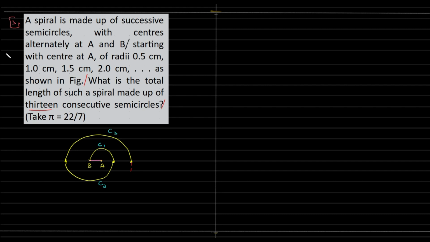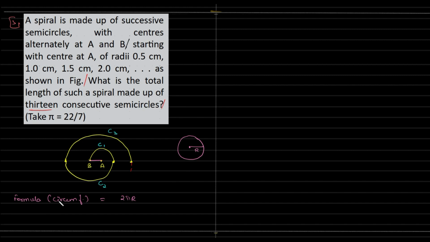The very first thing we need to know is the formula of circumference of a circle. So we have a circle. The parts of a circle are the center, the radius, and one more thing, the boundary. That is your circumference. The perimeter of a circle is your circumference. That is nothing but 2 pi r.